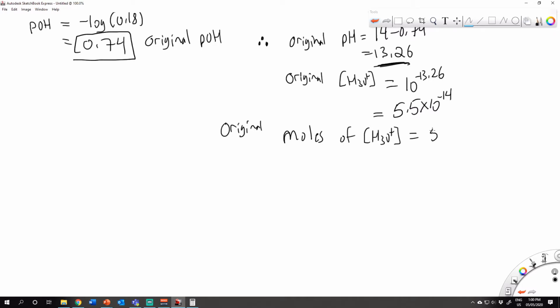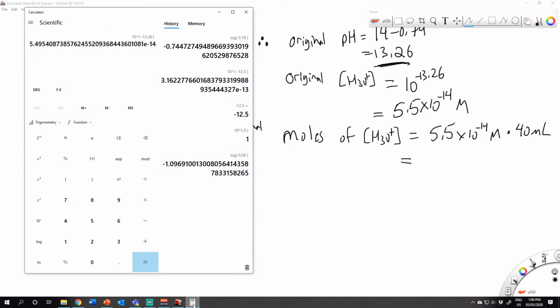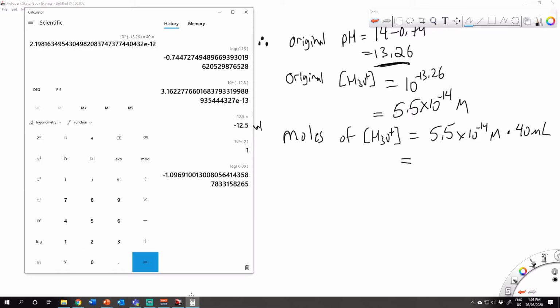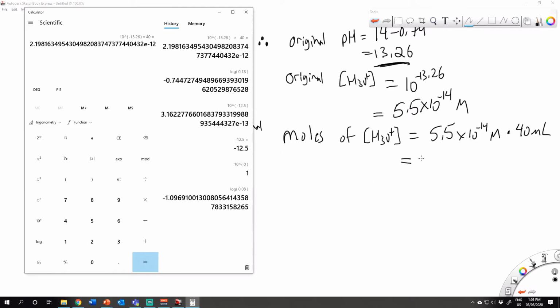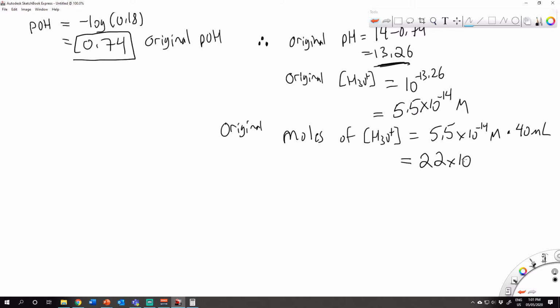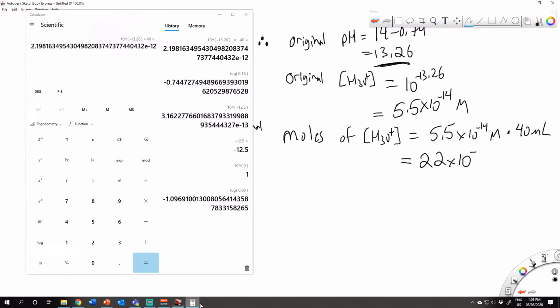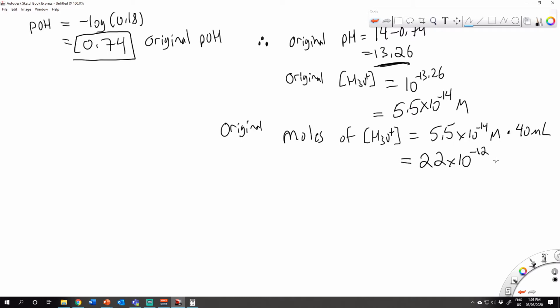The concentration is 5.5 times 10 to the negative 14 molar, times the volume, in this case 40 milliliters. So we have a ridiculously small number of moles, 2.2 times 10 to the negative 12 millimoles. So this is our original amount of moles of hydronium.